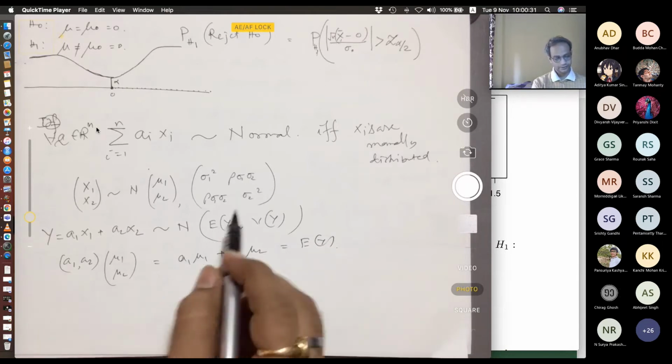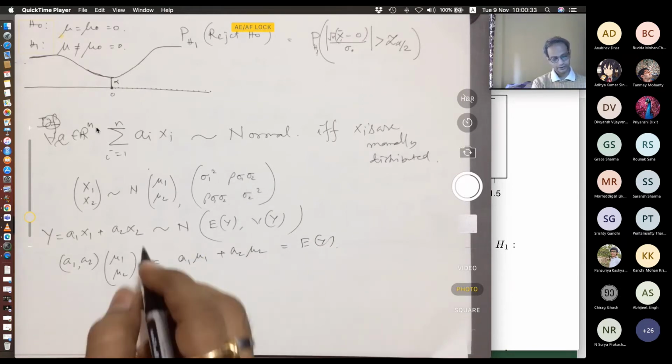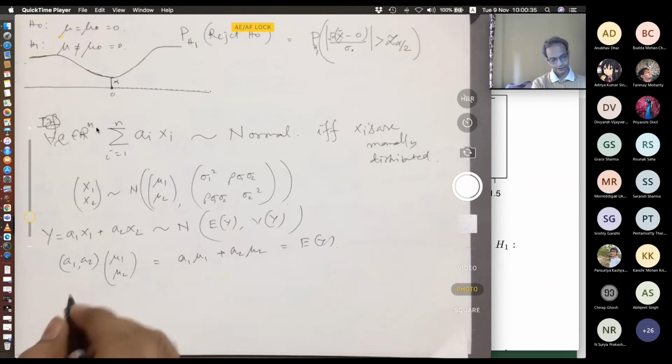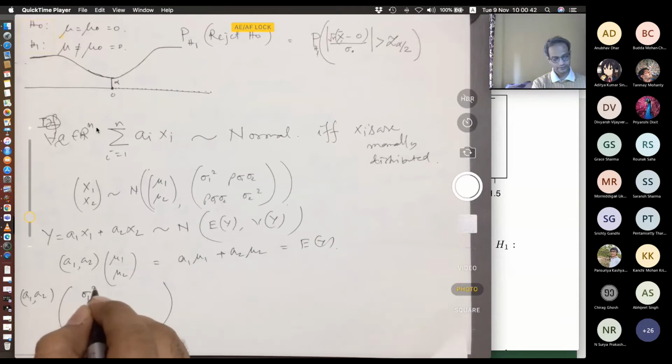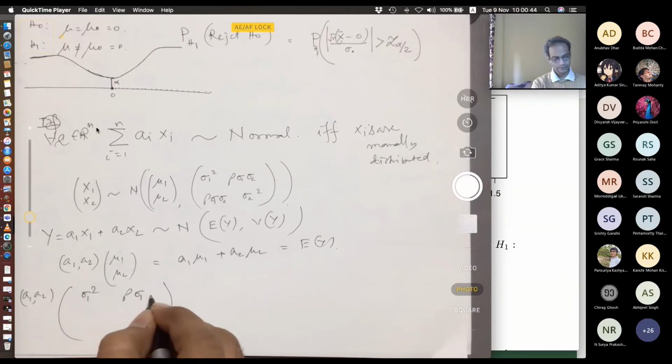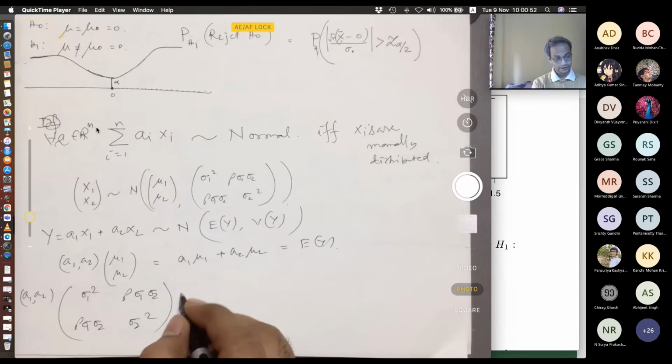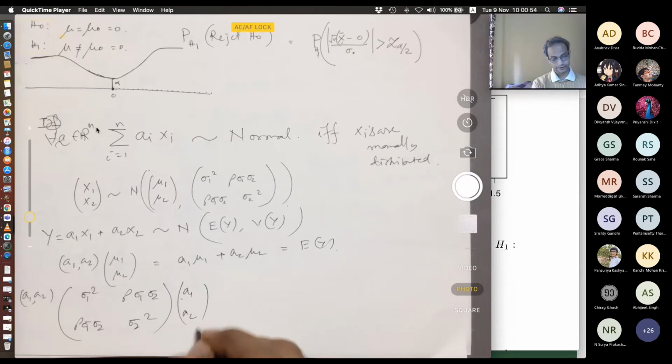And variance of y is in this way: the row vector A1, A2, then the variance-covariance matrix, sigma1 square, rho sigma1 sigma2, rho sigma1 sigma2, and sigma2 square, then A1, A2 as a column vector.